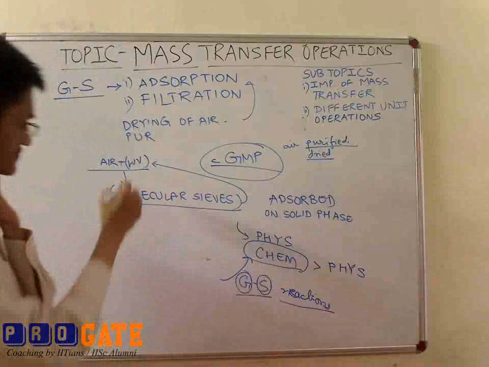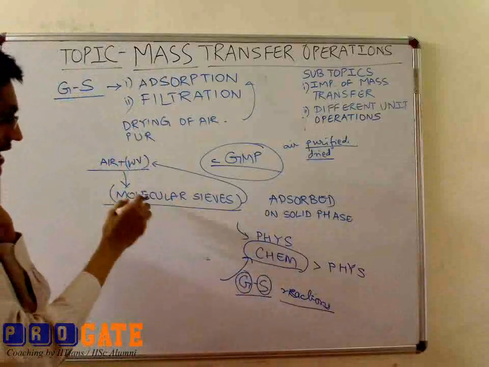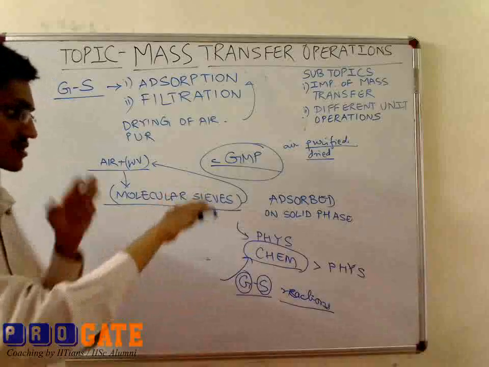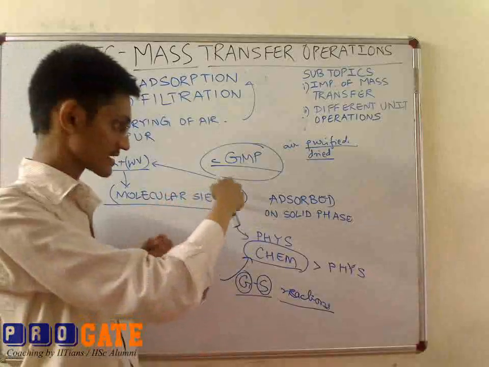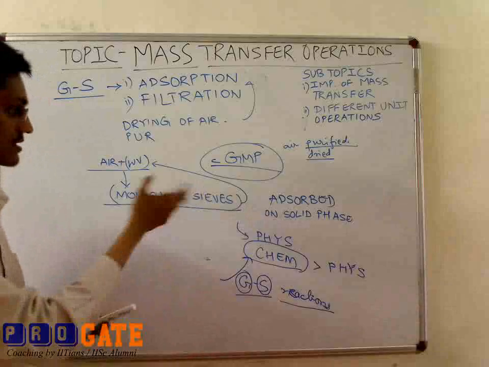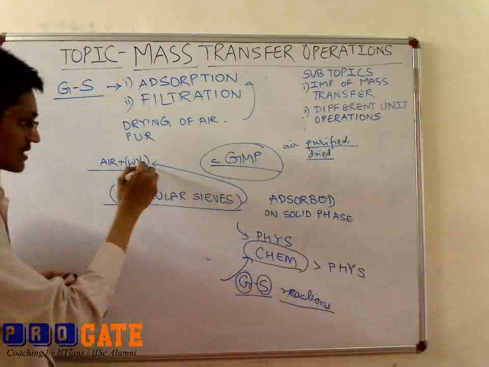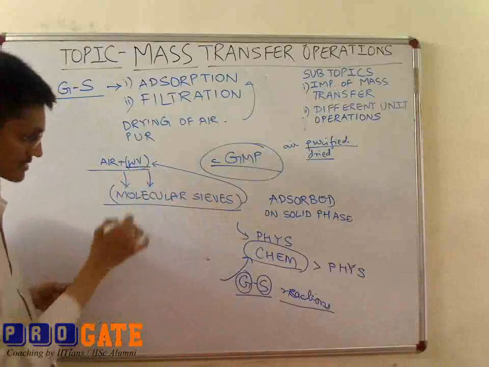Now here, water vapor and air would have a different rate of attraction, or of getting adsorbed, towards the molecular sieves. So water vapor has a tendency to stay with the molecular sieves.